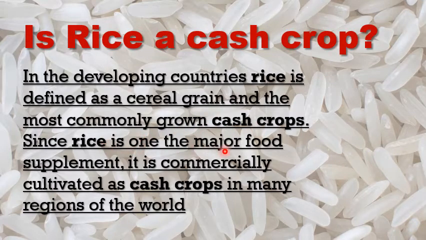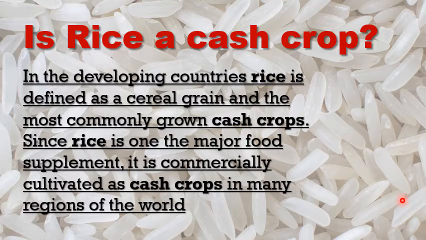Since rice is one of the major food supplements, it is commercially cultivated as a cash crop in many regions of the world. It means by selling rice, we can get a good economy. It means it is working as a cash crop as well, and it is already a food crop. So this is how some crops are both.